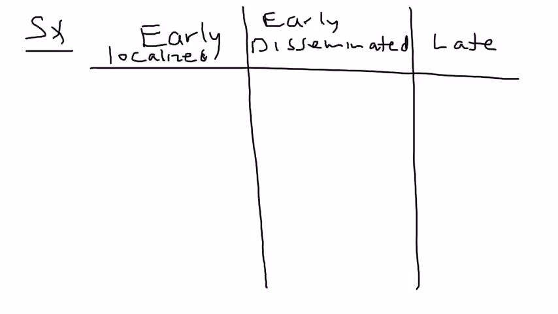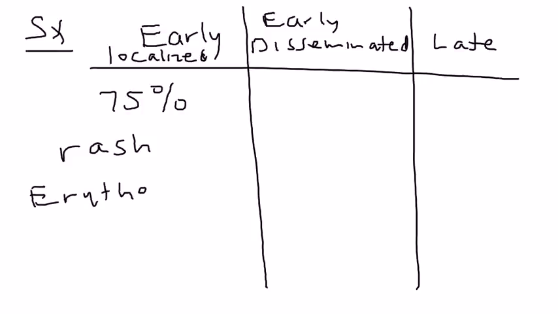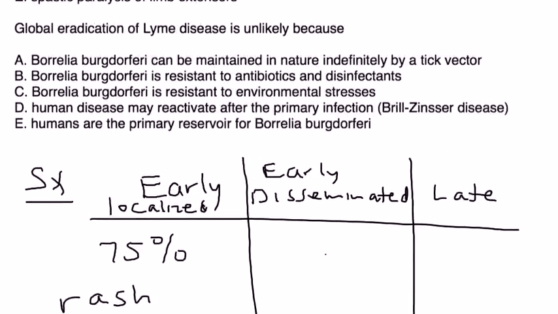Early localized, which appears in 75% of patients, is really referring to that rash. And that rash at the site of the tick bite has a special name. It's called erythema migrans. Erythema migrans. And I'll show you a picture of that rash.